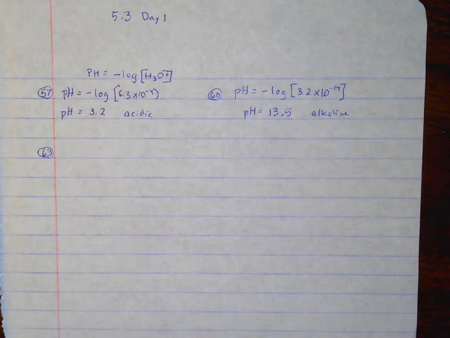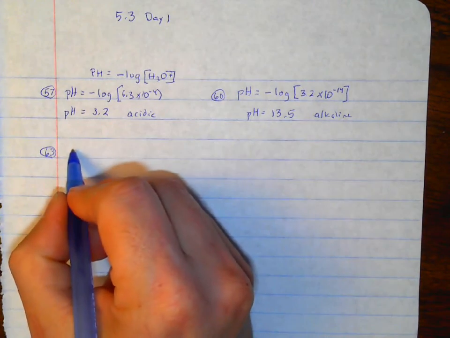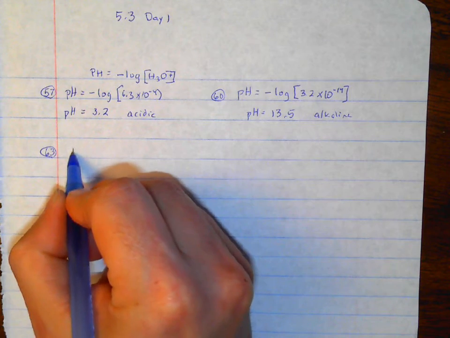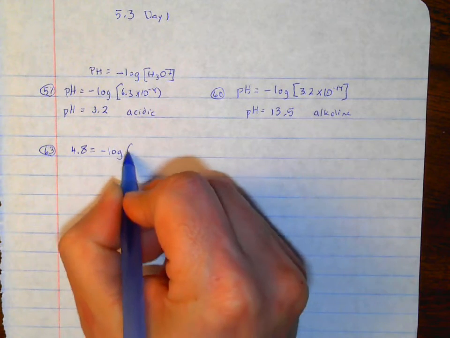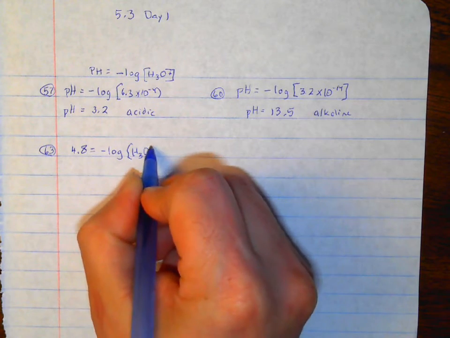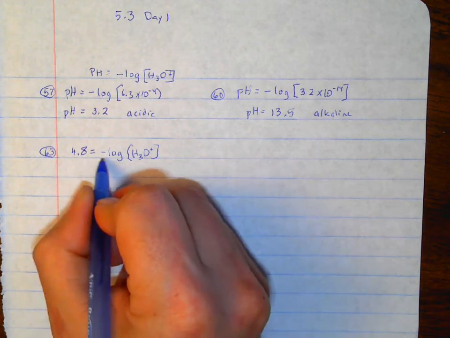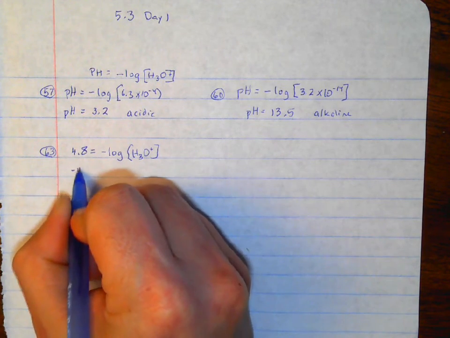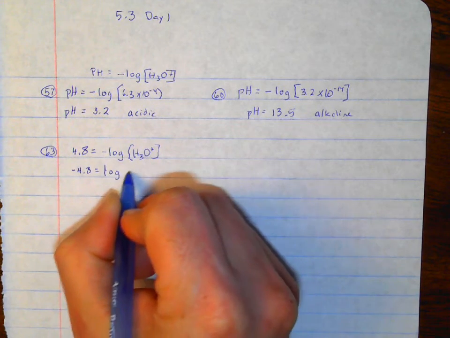63 gives us that beer has a pH of 4.8, so it's alkaline. Sorry, it's acidic. So we have 4.8 is equal to negative log of what we're trying to find here, this concentration. So to solve this, I'm going to divide by negative 1. So negative 4.8 is equal to just a regular log of this.